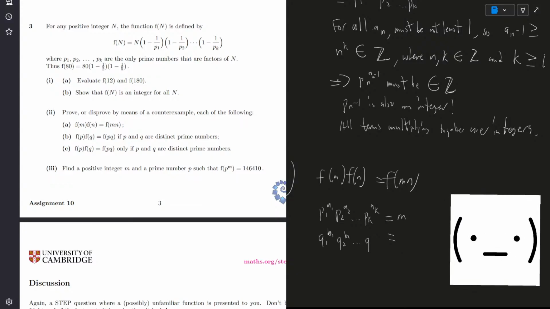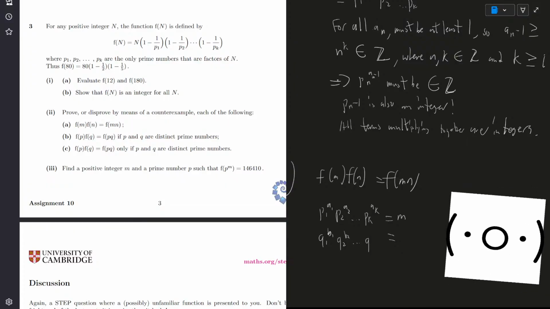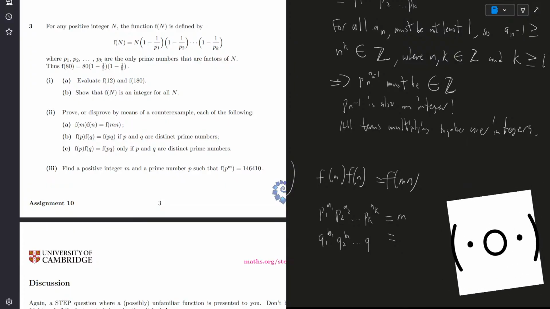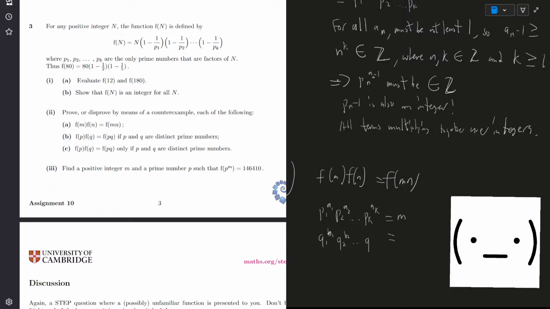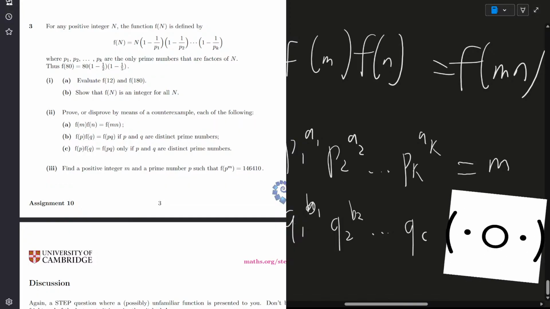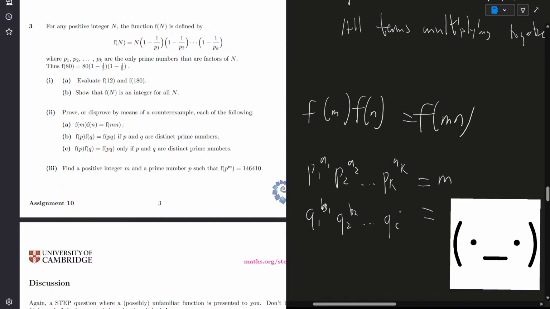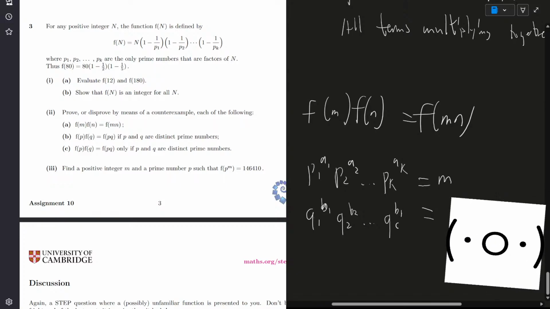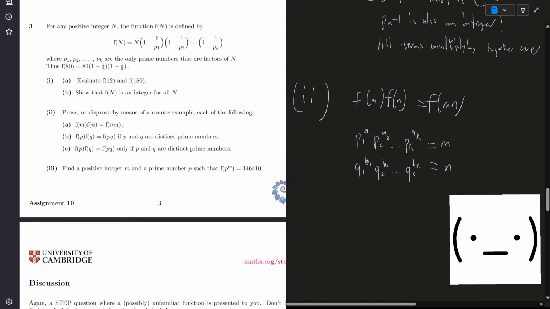I and j are iterators, we can't exactly use those. k is just an arbitrary constant, lovely for using. c. It's going to suck if there's three numbers. Whatever. So this is n. Lovely.